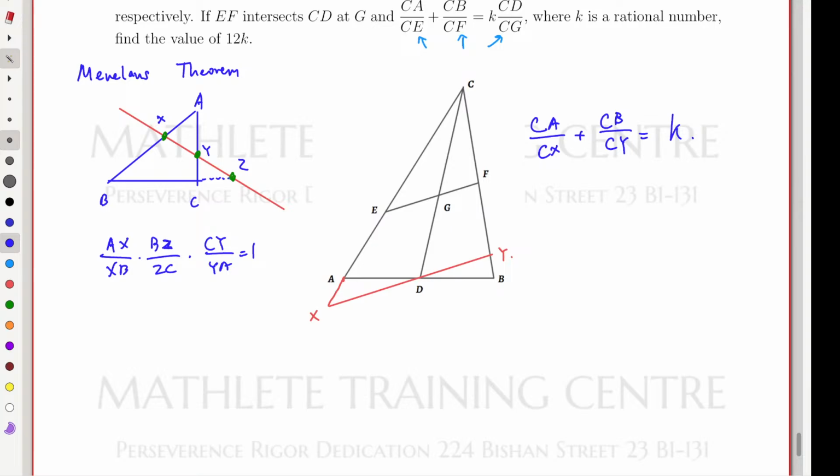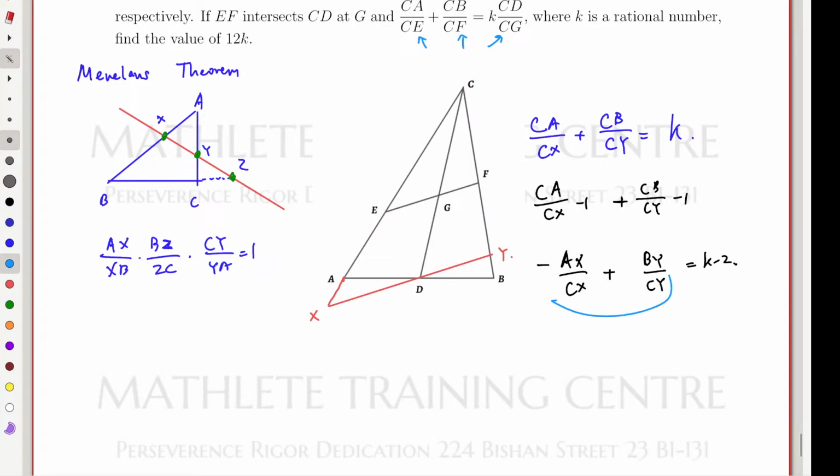One thing I realized is that both of them are very close to 1. So I'll subtract 1 from both of them. So what if I did CA over CX minus 1 plus CB over CY minus 1? This equals k minus 2.